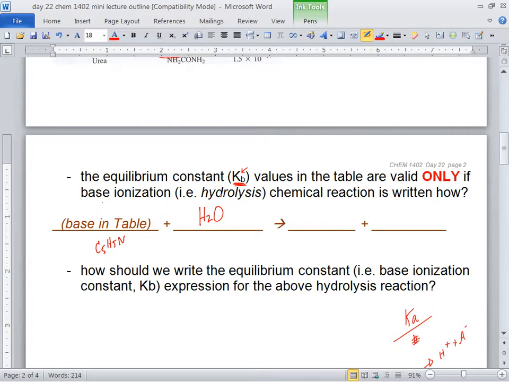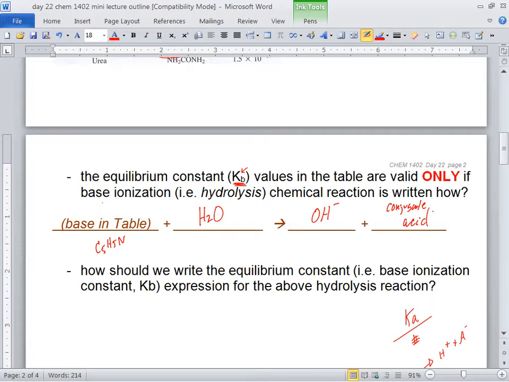And it's going to produce OH negative, right? Because remember, it's got to be basic, so it's got to produce these. And the acid. What's the best word for it, the technical word to sound like you really know what's going on? The conjugate acid, right?